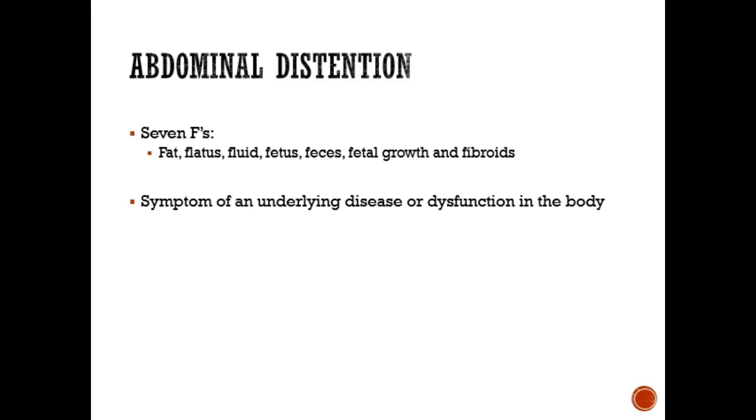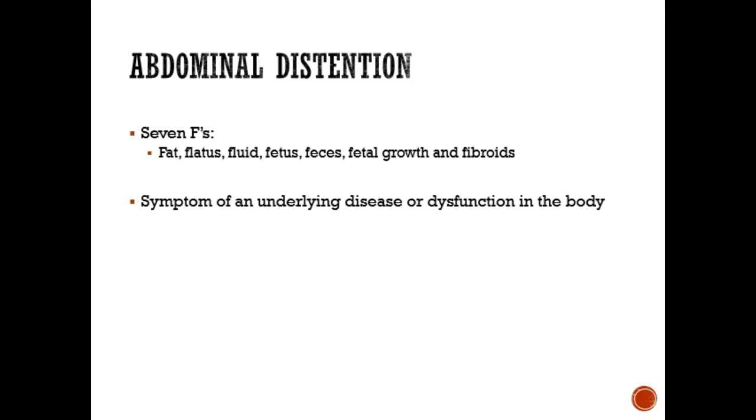Generally, abdominal distension is from air or gas, or from fluid or ascites. That can be caused by things like liver disease or congestive heart failure. You might also see it because of the presence of a tumor, and even just from a lot of feces within the intestines, from constipation or in individuals with irritable bowel syndrome.